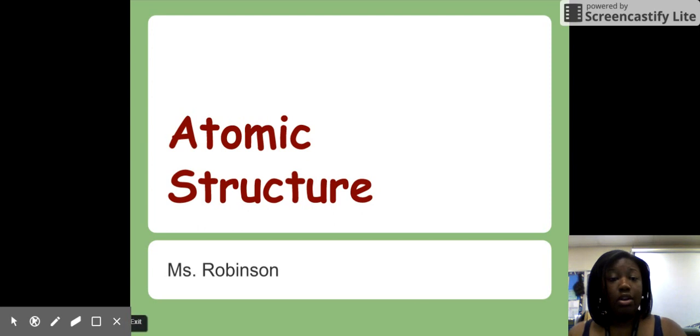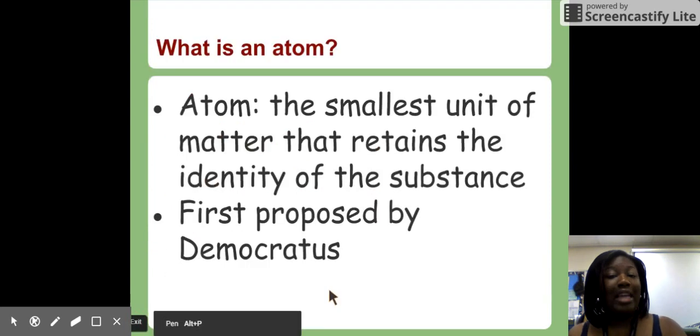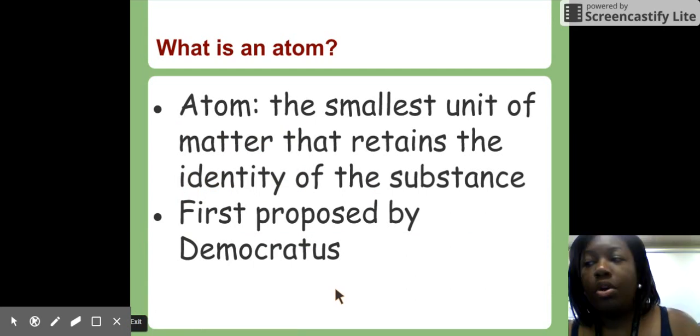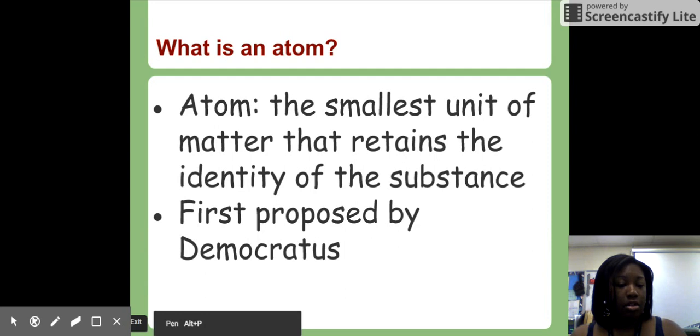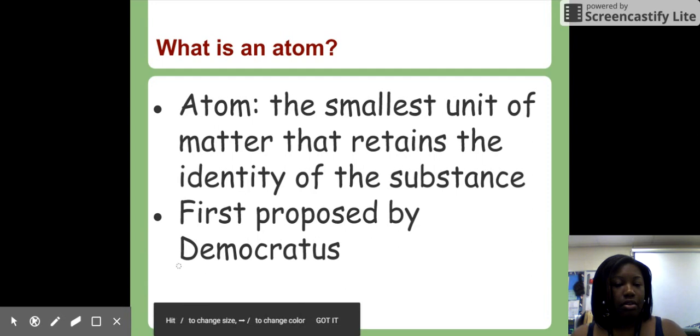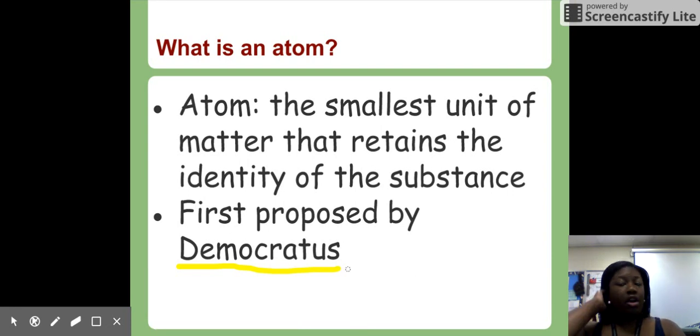All right. So, what is an atom? An atom was classified by a man named Democritus, and it is seen as the smallest unit of matter and the identity of a substance. We have matter in our hair, and it's made up of atoms.